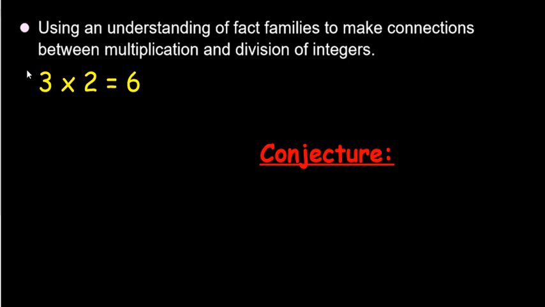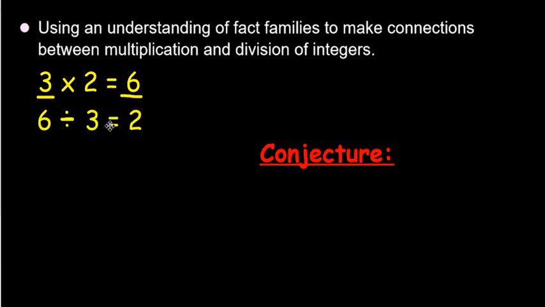So we're going to use an understanding of fact families to help make connections between multiplication and division of integers. If you watched part 1, you can skip this part because it's very similar. First of all, if we go way back to 2nd grade and recall that 3 groups of 2 is equal to 6, or 3 times 2 equals 6, then we know when we divide with these numbers, we can take the product 6 divided by one of the factors, and our quotient will end up being the other factor.